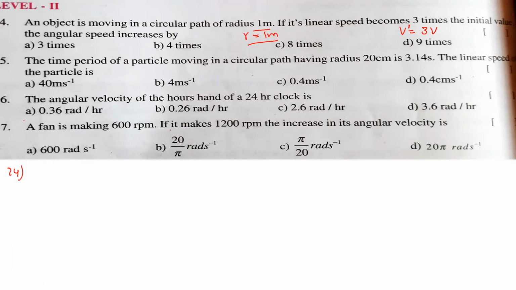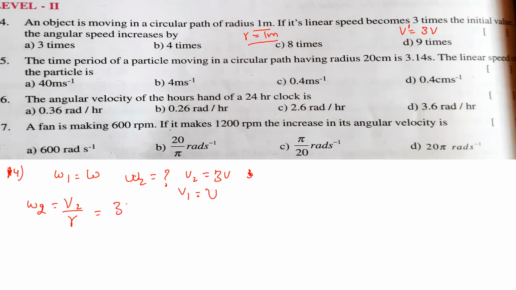Children, this 14th problem is missing here. Okay, let us see. Given r is 1 and v2 is equal to 3v. Let us write omega 1 is equal to omega only, and omega 2, that means the change in angular velocity, we need to calculate. So omega 2 is equal to v2 by r, where v2 is 3v and v1 is just v.